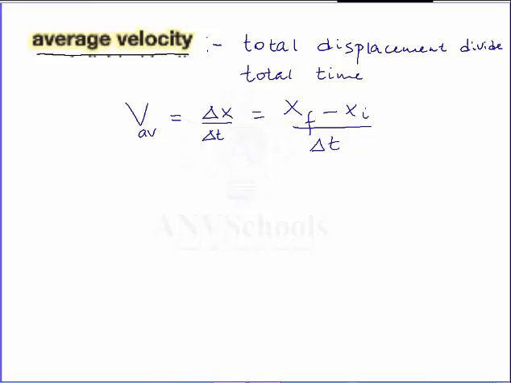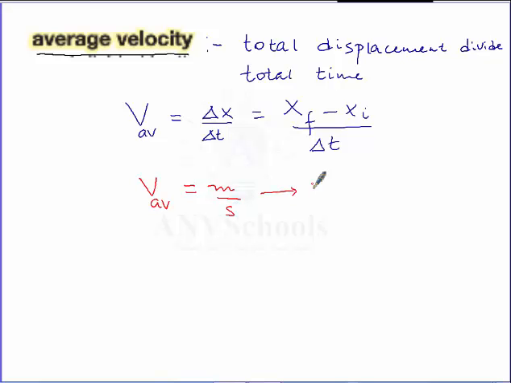What is the SI unit of average velocity? As you can see from the formula, the unit of average velocity is given by the ratio of the SI unit of displacement to the SI unit of time. We know that the SI unit of displacement is meter and that of time is second. So the SI unit of average velocity is meter per second.